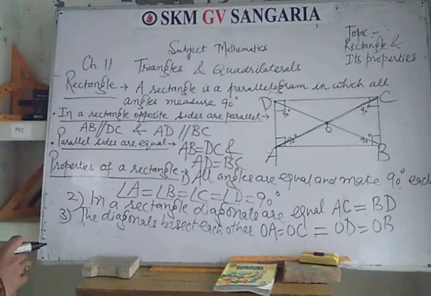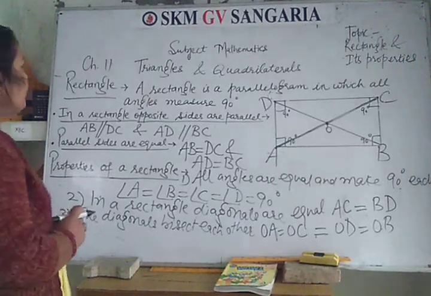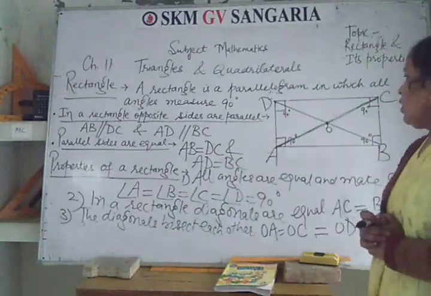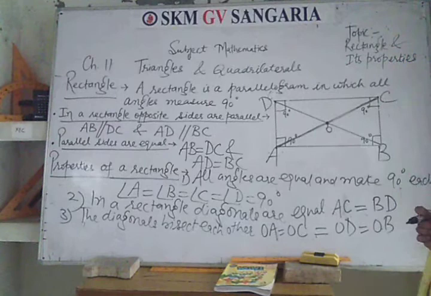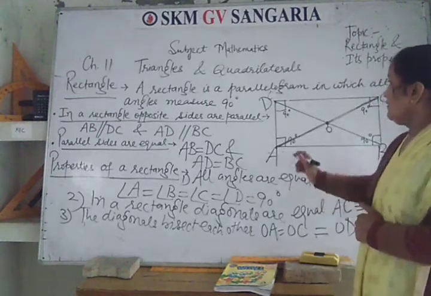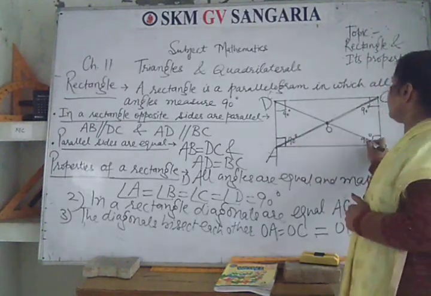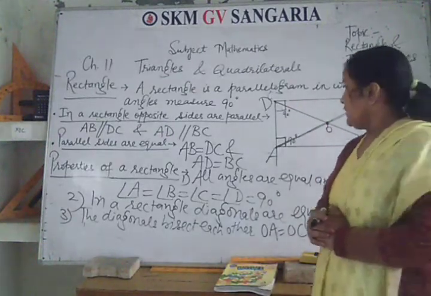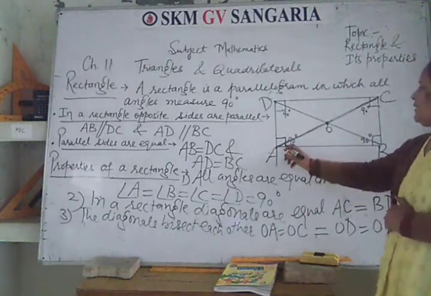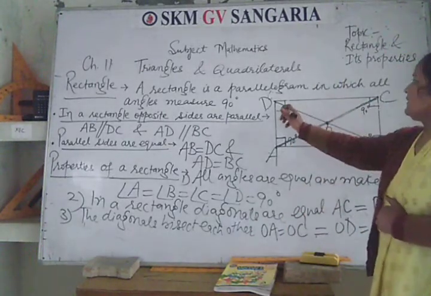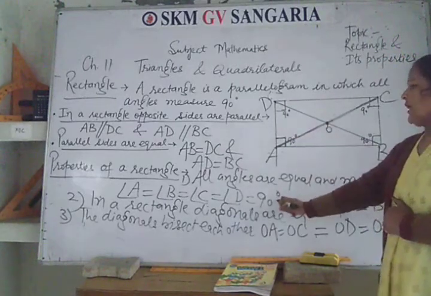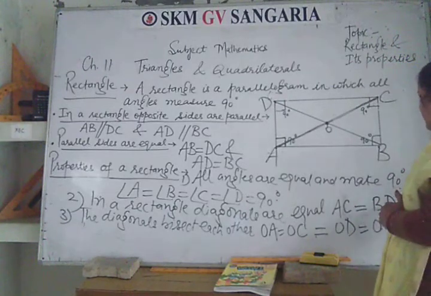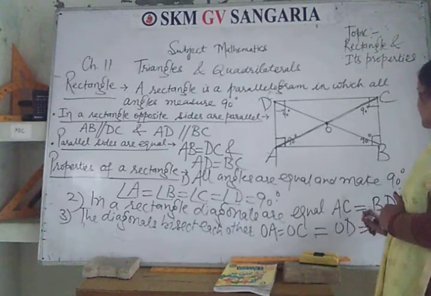Then we can say the properties of a rectangle: first of all, angles are equal and make 90 degrees each. Angle A is equal to angle B is equal to angle C is equal to angle D, all of measure 90 degrees. Then in a rectangle diagonals are equal, AC is equal to BD.